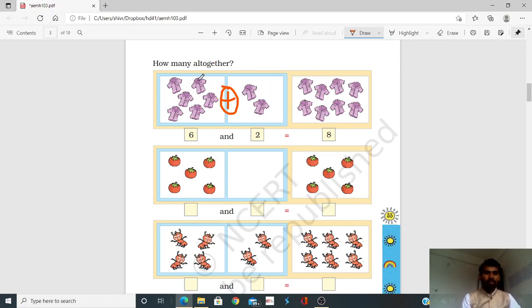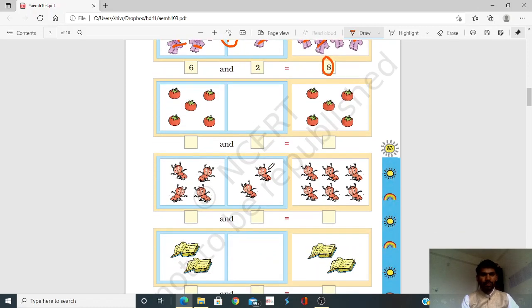Here you can see 1, 2, 3, 4, 5, 6, and plus 2 means 7, 8. Therefore 6 and 2 is equal to 8.